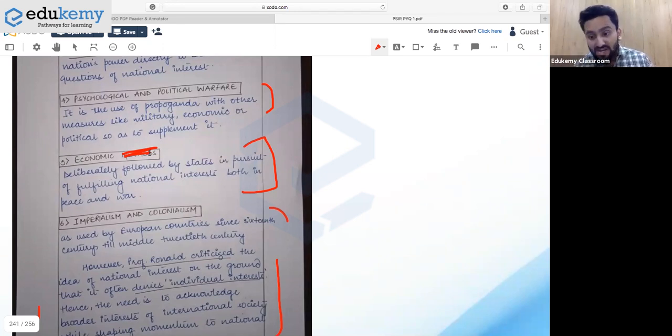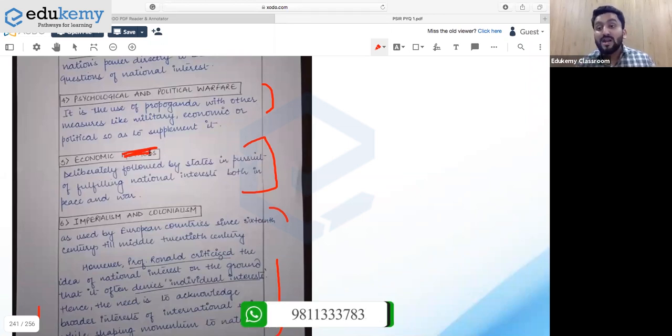Another is sanctions. Another is tariff and non-tariff barriers. Tariff barriers are there, non-tariff barriers are there. For sanctions, put a hyphen and put this. Another is preferential treatment in certain lists or certain trade aspects. So you can just put it along these lines.